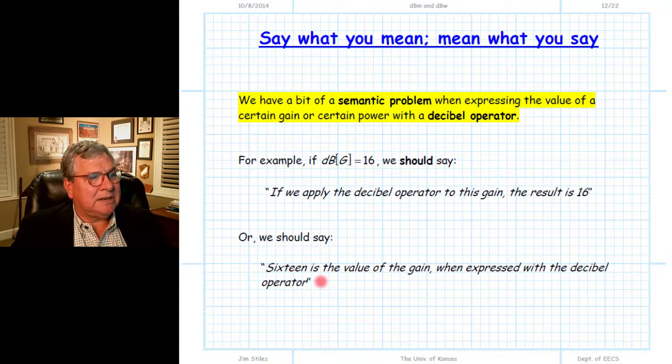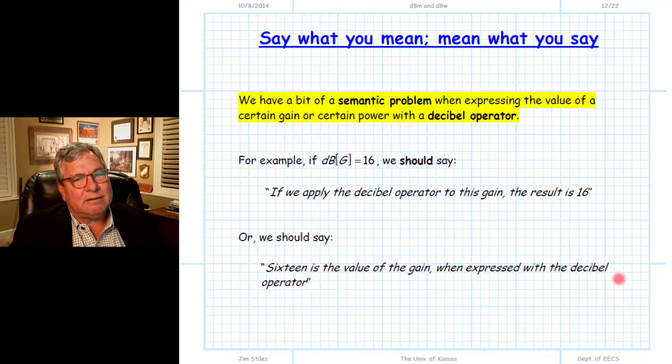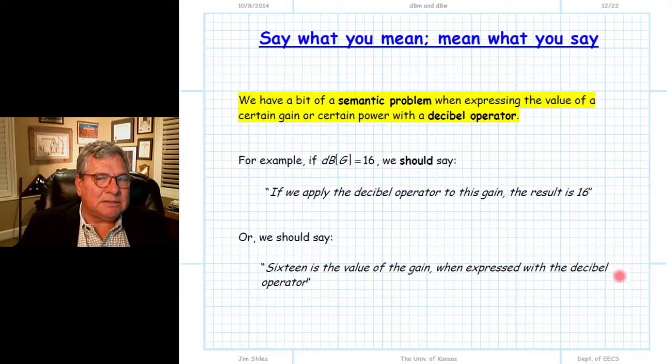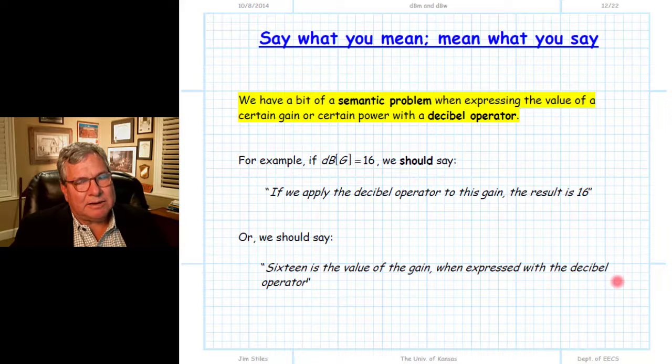Or we might say 16 is the value of the gain when expressed with the decibel operator. And I think for the most part, in my explanation thus far, I've used that kind of statement: we apply the decibel operator to the gain value, and the result is 16.